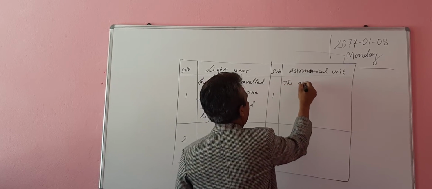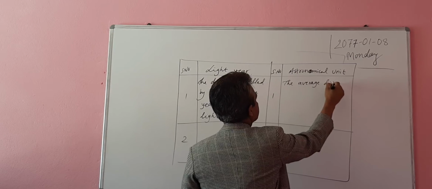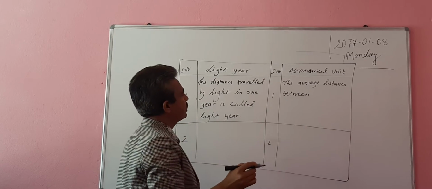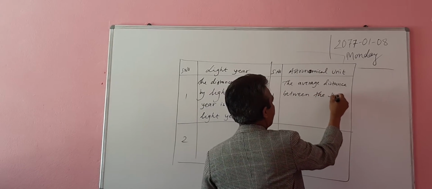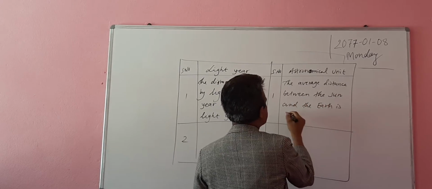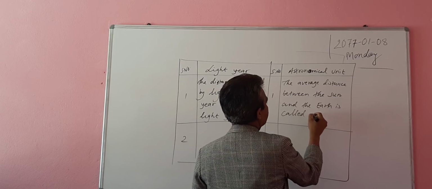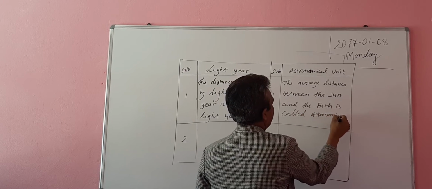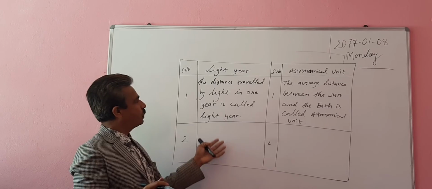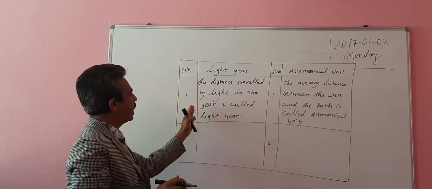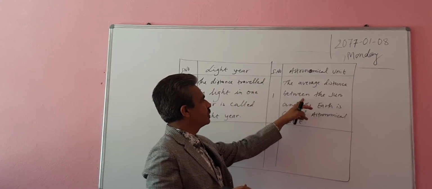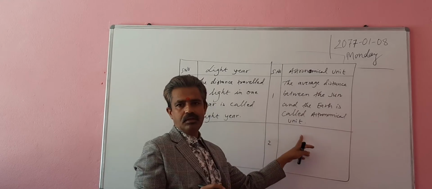And the average distance between the sun and the earth is called an astronomical unit. In the first point, what did I do? I wrote the definitions.